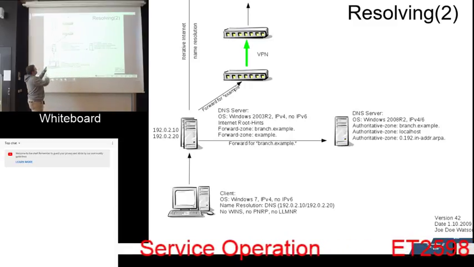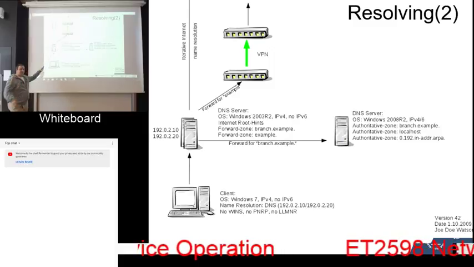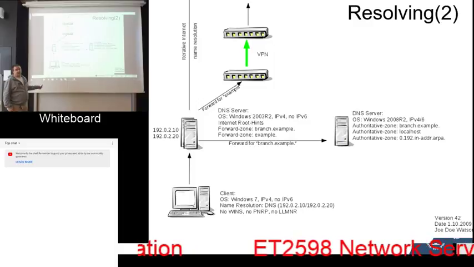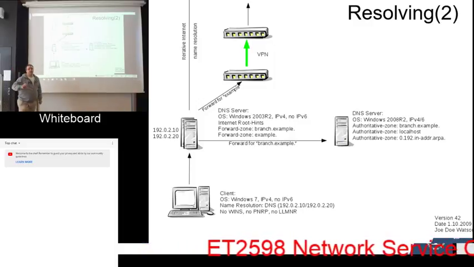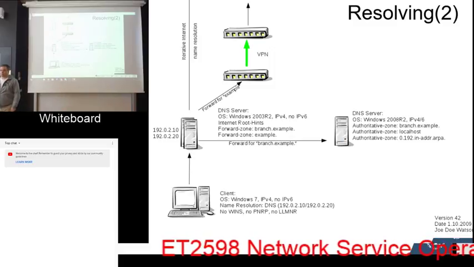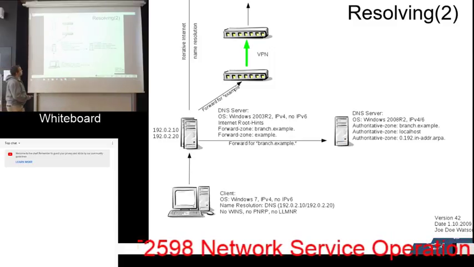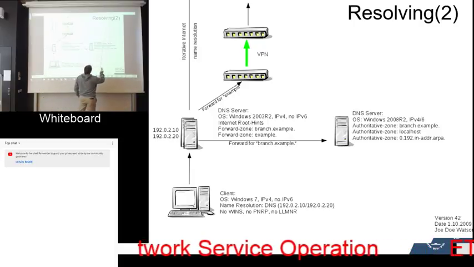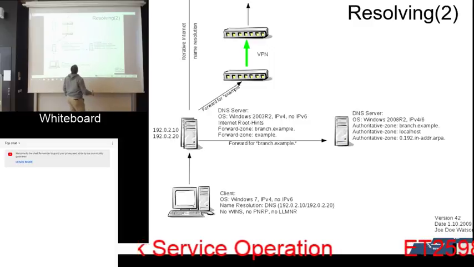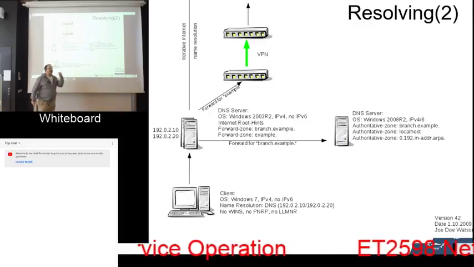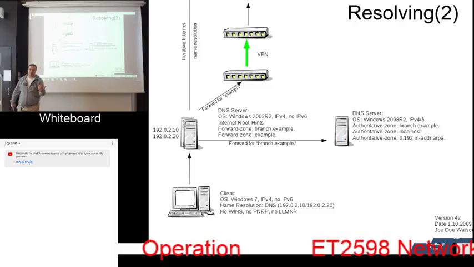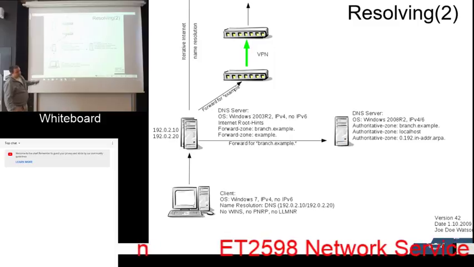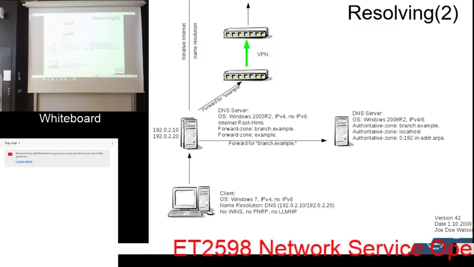Comes here, this guy updates its cache and drops down the reply: a.branch.example is available on this IP number. This is an authoritative zone for branch example, so it is allowed to answer requests for branch example. This guy is not, but it can forward for that.